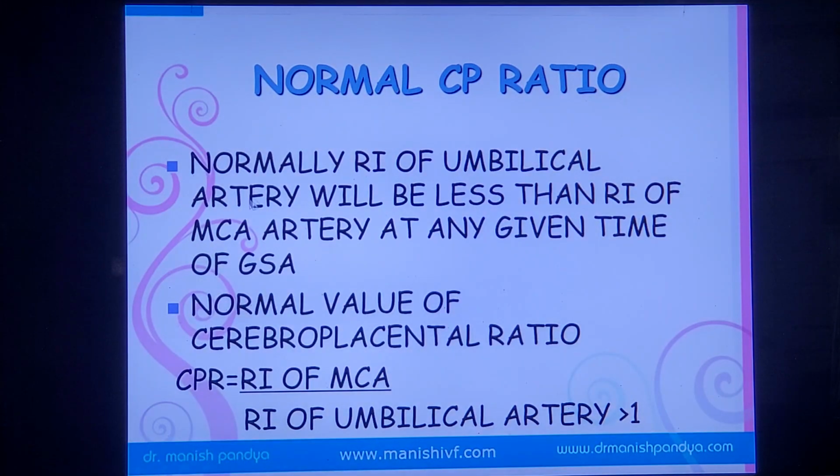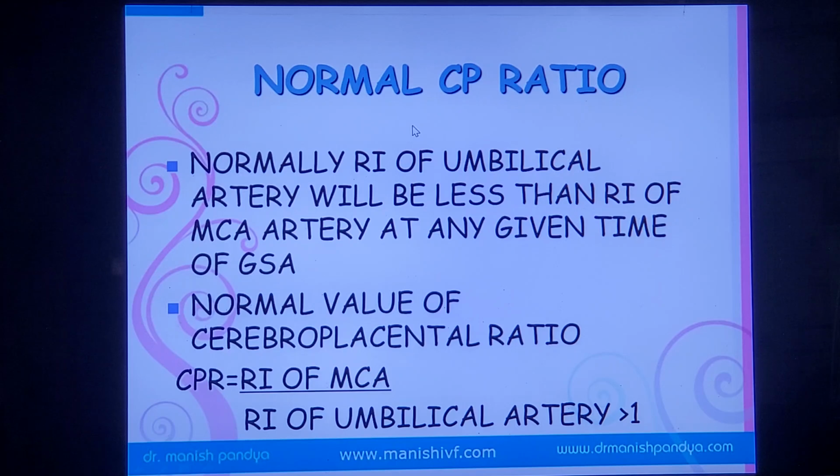So normal CP ratio: normally the RI of the umbilical artery will be less than the RI of the MCA at any given time. Right? RI of umbilical artery is 0.4 to 0.7 or 0.5 to 0.7. MCA is always more than 0.7.